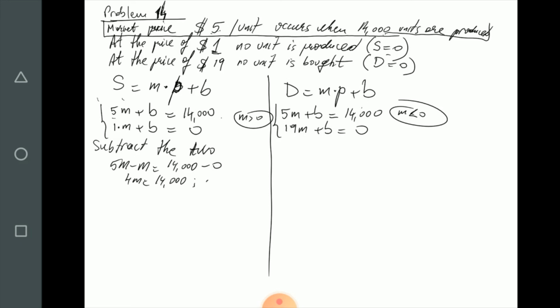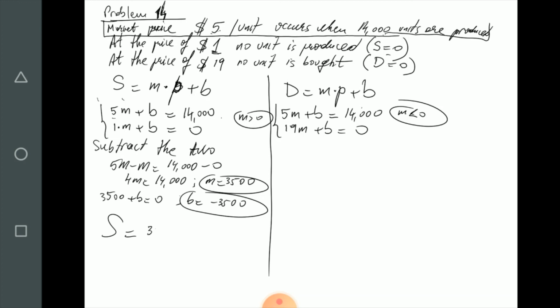Use the calculator if you want. Divide by 4. M should be 3,500. Positive slope. Go back to the second equation, for example. Plug in M, and that gives you B equals minus 3,500. So the supply line will be 3,500 P minus 3,500.